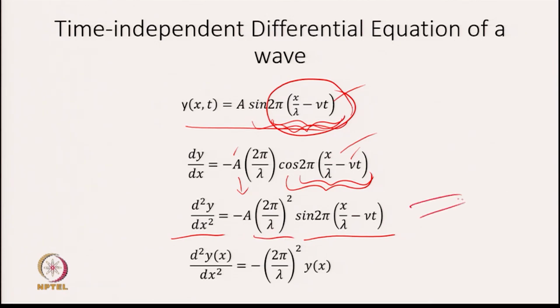If you look at this wave function, you will find that the a term and the sine term combined are equal to y of x, t, and you can simply write y of x in place of this, multiplied by 2 pi by lambda square with a minus sign. So, d2 y of x by dx square is equal to minus 2 pi by lambda square y of x.